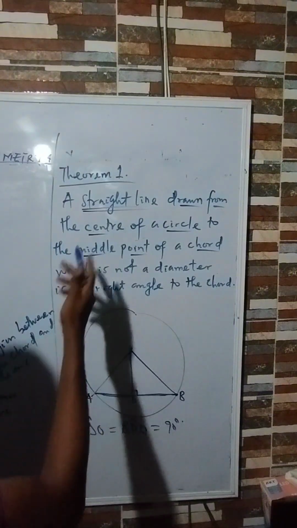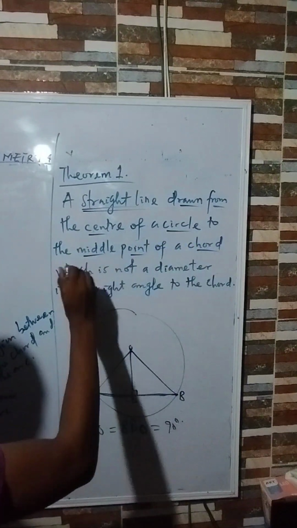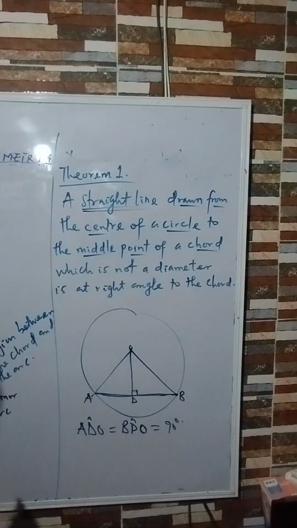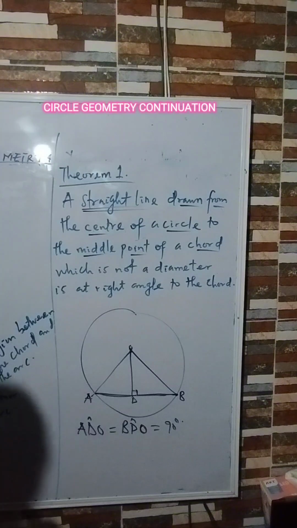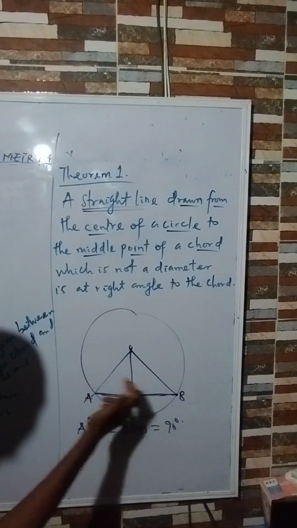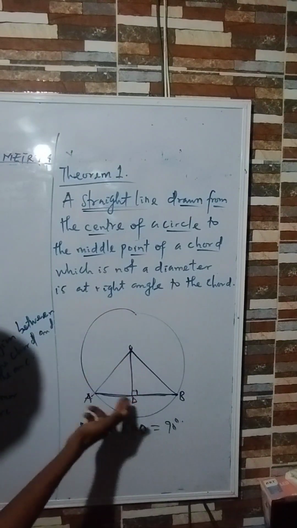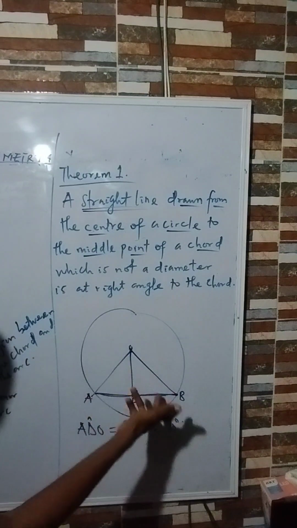The theorem is saying that a straight line drawn from the center of a circle to the middle point of a chord, which is not a diameter, is at right angle to the chord. So we can as well show that ADO is equal to BDO, which is 90 degrees. Don't forget that this line is actually perpendicular to this chord, and that is the corollary statement of the statement. I'm going to come back to it.